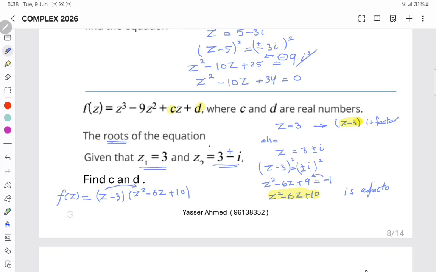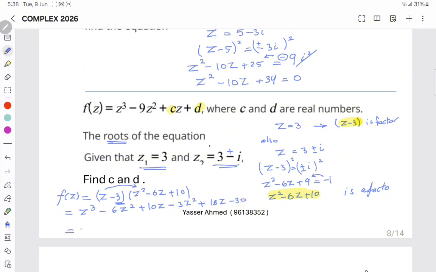Take first term, distribute it by every term in the second. z times z squared, it will be z cubed. z times negative 6z, it will be negative 6z squared. z times positive 10, it will be positive 10z. Now we take the other factor, negative 3. Negative 3 times z squared, it will be negative 3z squared. Negative 3 times negative 6, it's a positive 18z. Negative 3 times positive 10, it will be negative 30.